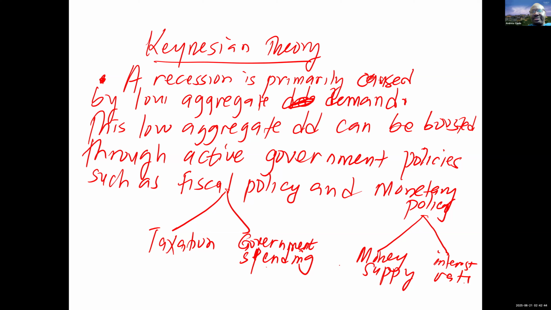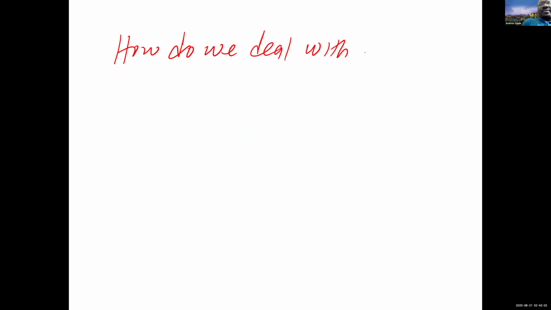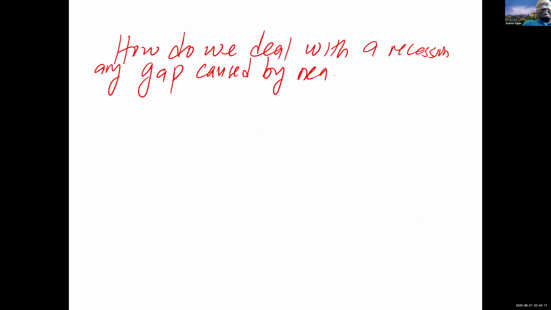Okay, so let's go on to talk about how Keynes. So the question is, how do we close a recessionary gap using Keynesian theory? So how do we deal with a recessionary gap caused by negative demand shocks using Keynesian theory, using the Keynesian approach?